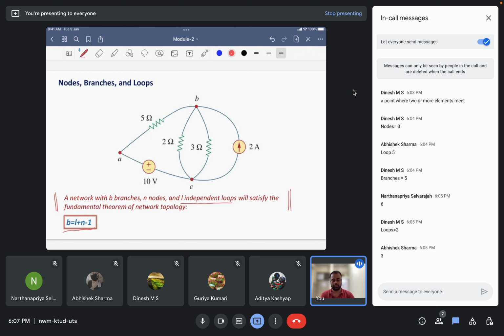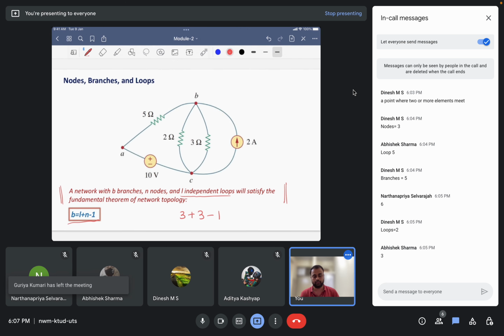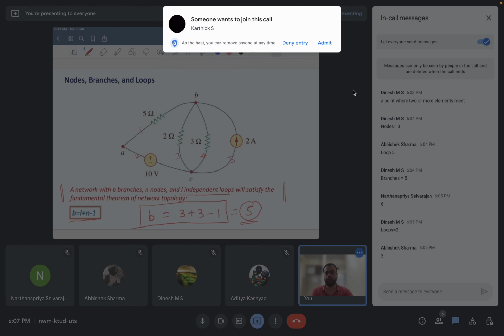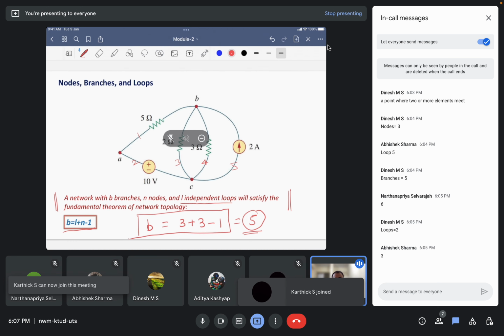As earlier we found that there were 3 independent loops and the number of nodes were 3, that is A, B and C, so 3 plus 3 minus 1 gives us the number of branches B. Therefore the number of branches is 5, that is 1, 2, 3, 4 and 5. This must be satisfied for every circuit: the number of branches is the sum of the number of independent loops plus the number of nodes minus 1.